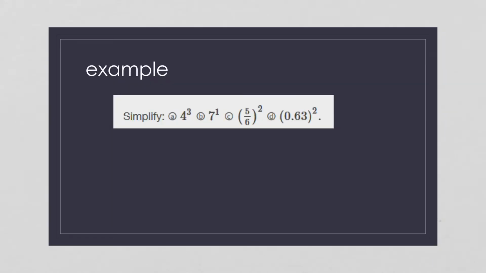So we're going to simplify these. Part A, 4 to the third power means 4 times 4 times 4. 4 times 4 is 16. 16 times 4 is 64. So part A is 64. Part B, 7 to the first power just means 7.